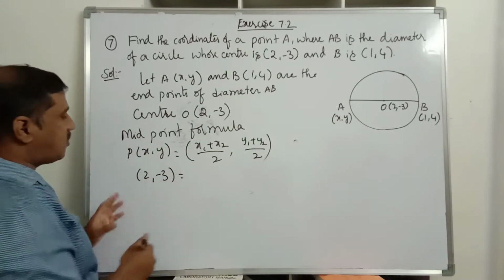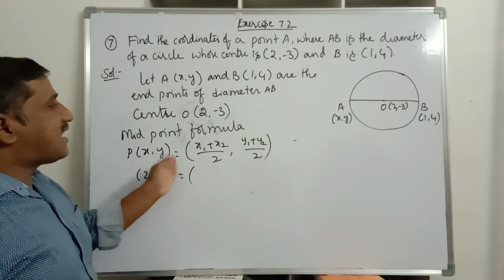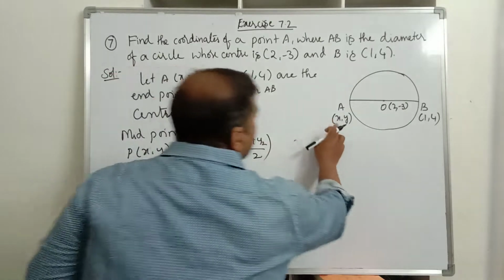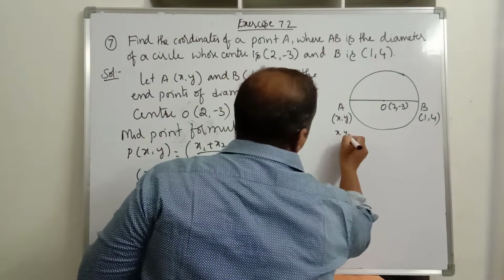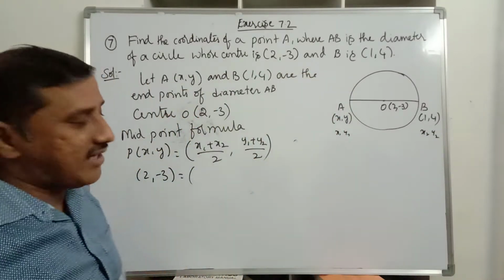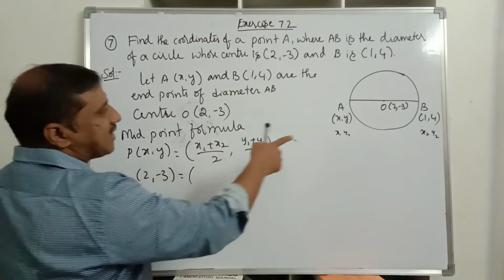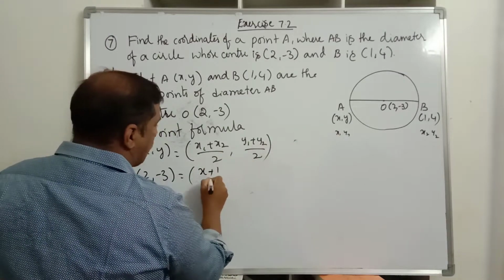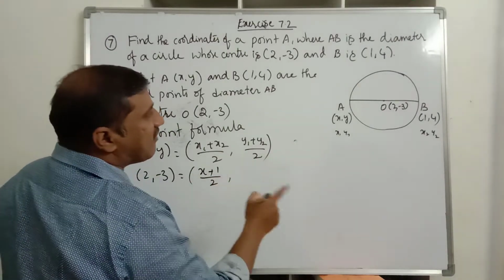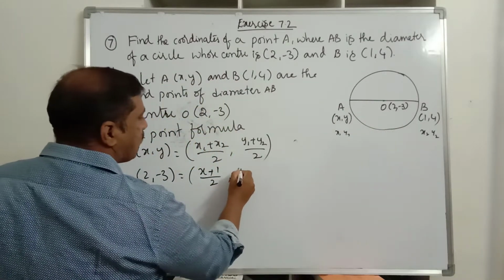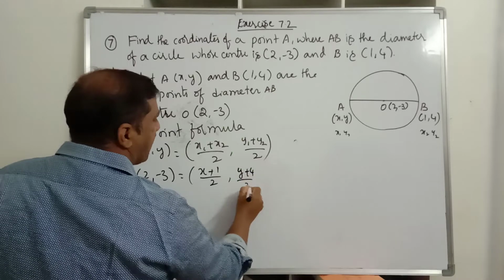Substitute those coordinates. Here A is the first point, its coordinates are x1, y1, and B is the second point, its coordinates are x2, y2. Now we substitute: x1 is x, x2 is 1, so (x plus 1) by 2; y1 is y and y2 is 4, therefore (y plus 4) by 2.